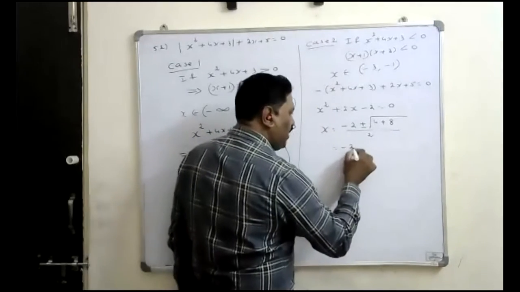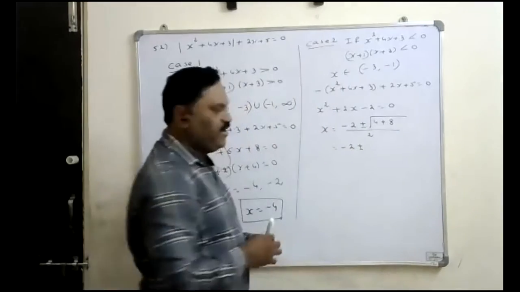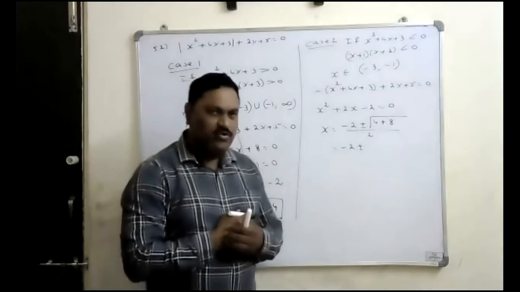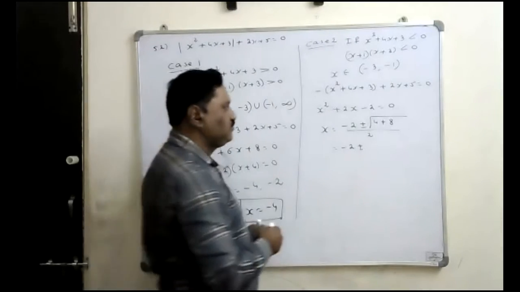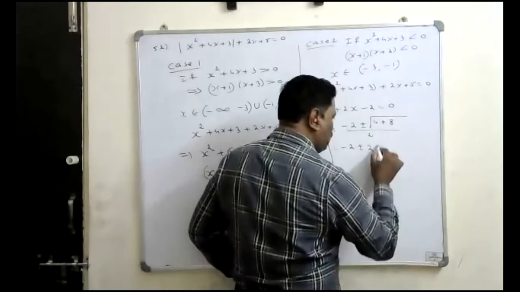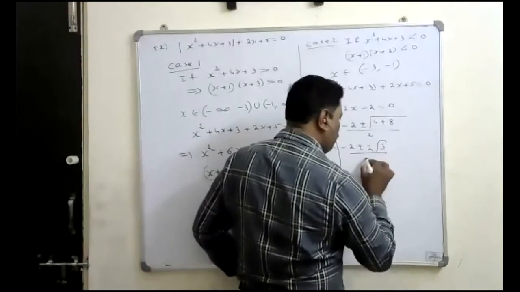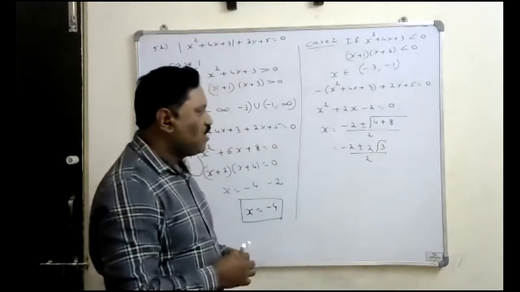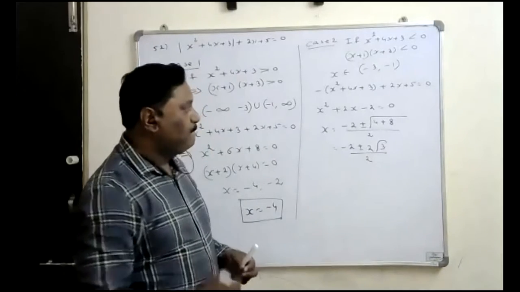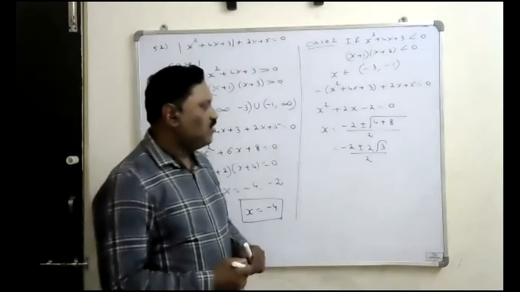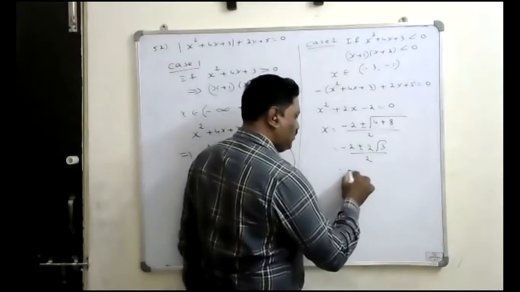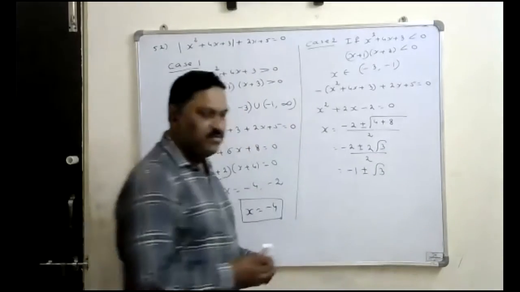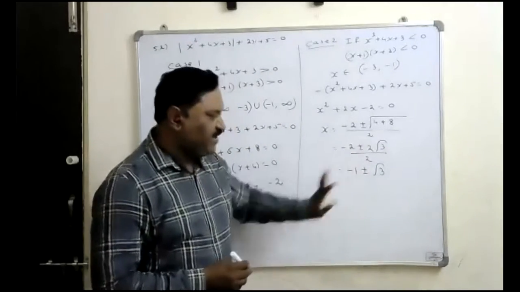So this is minus 2 plus or minus root of 8 plus 4, that is 12. How do you write root 12? 2 root 3. So 2 root 3 by 2. From the numerator, it is a 2 common, minus 1 plus or minus root 3 we will get here, because the 2 is getting cancelled, right?